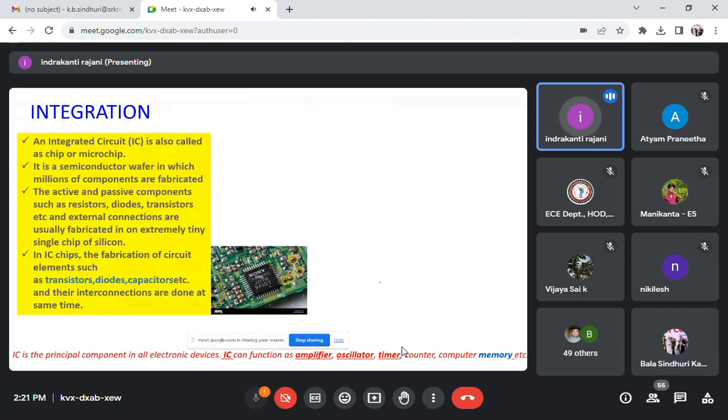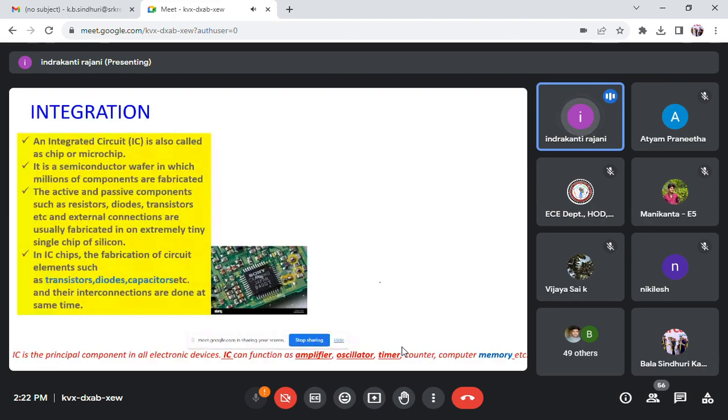It consists of several active and passive components. What we actually use in this system are passive components like resistors and capacitors, and active components such as transistors and diodes. Apart from that, we use a lot of oscillator circuits.